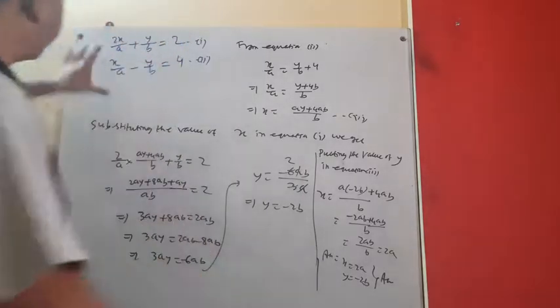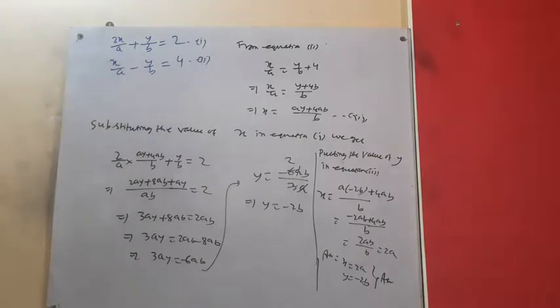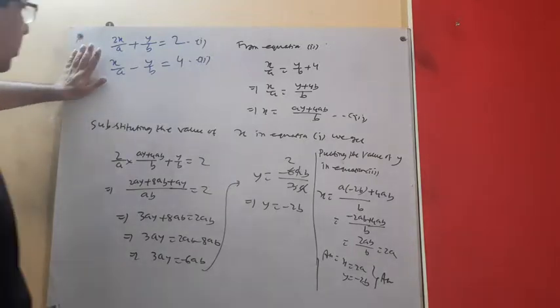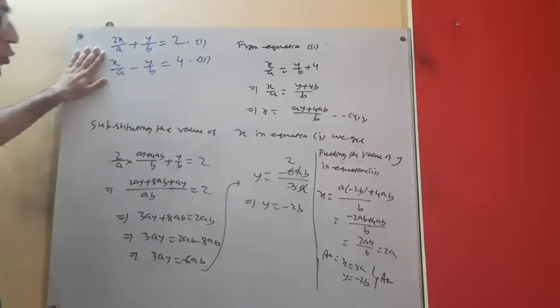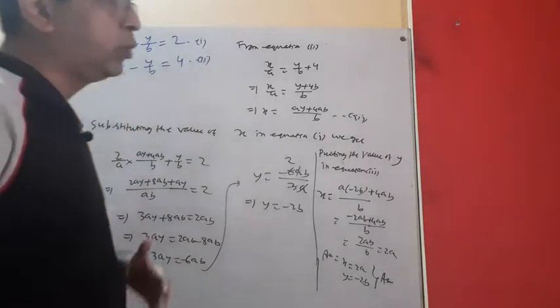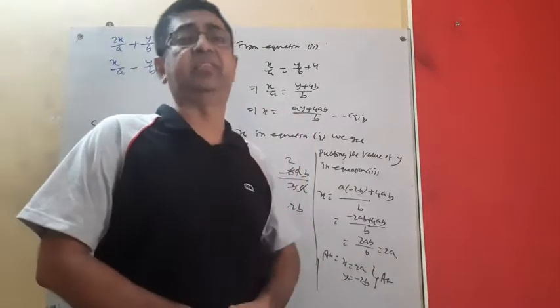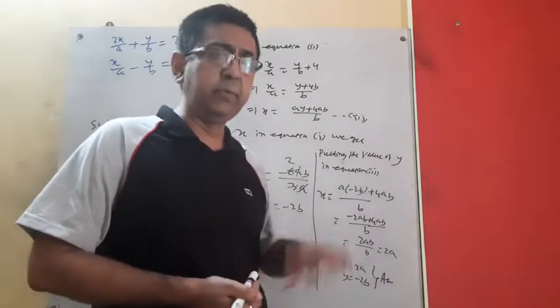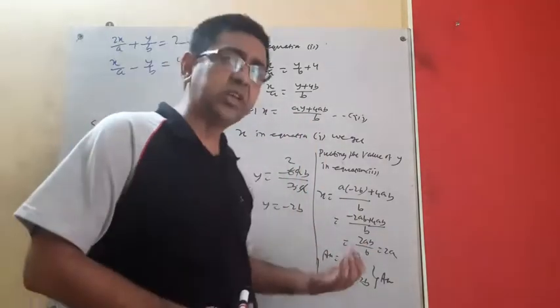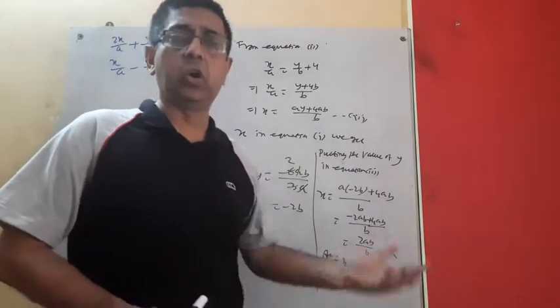But how to do this type of sums is creating problems, because it is a fraction. Many students are facing problems. That's why I have chosen this type of sums, so that you can watch the video again and again, understand, and practice. Whenever you are practicing, pause the video, practice, then watch whether it is matching or not.